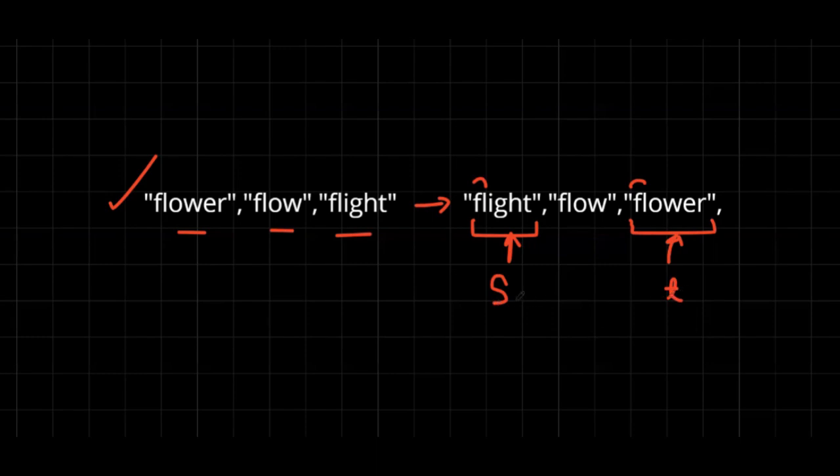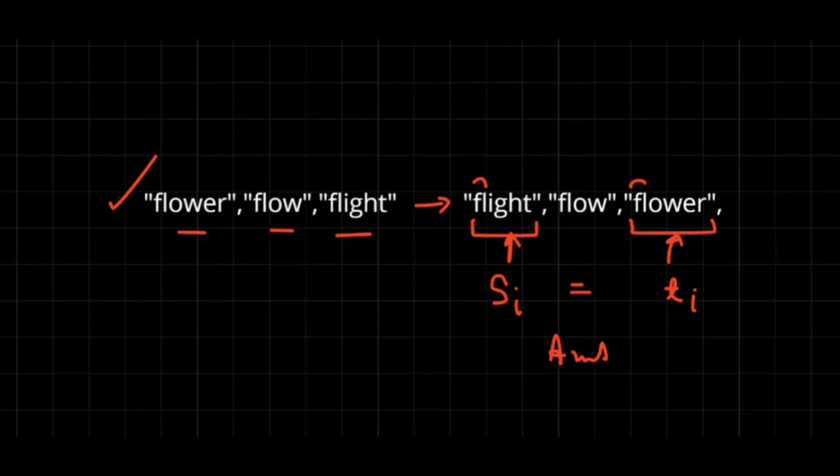If S of i is equal to T of i, then we append the current character to our resulting string. Suppose it is answer. And finally, we will find the longest common prefix. The intuition is very simple, and it will be clearer when I show you the code.